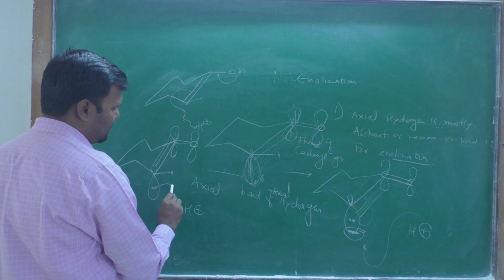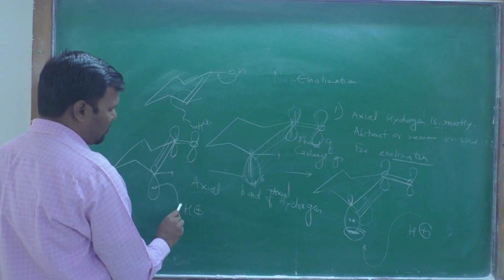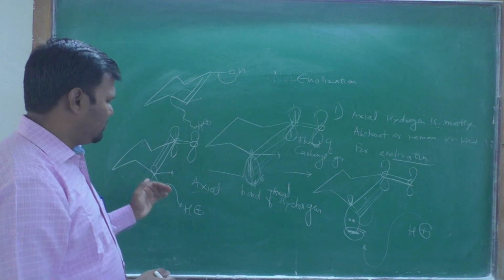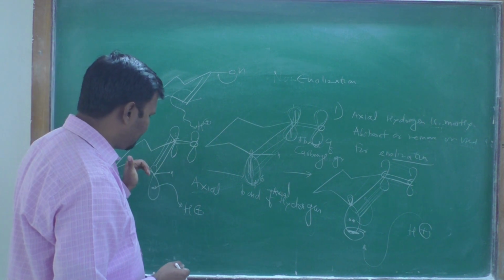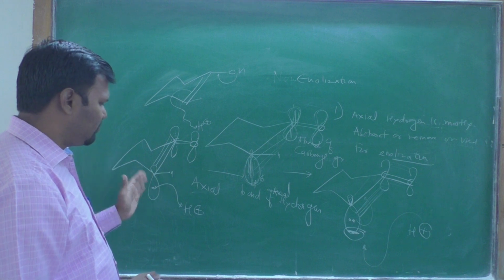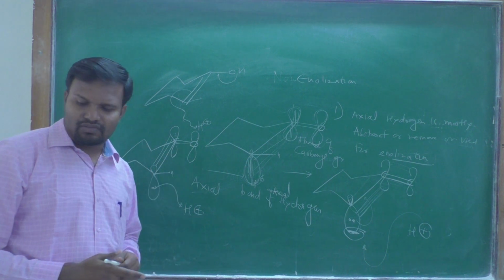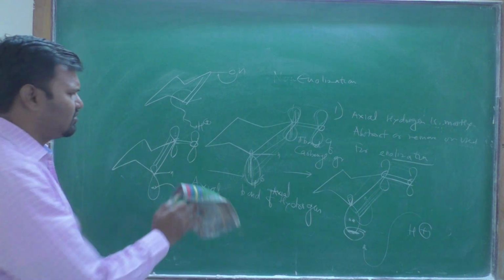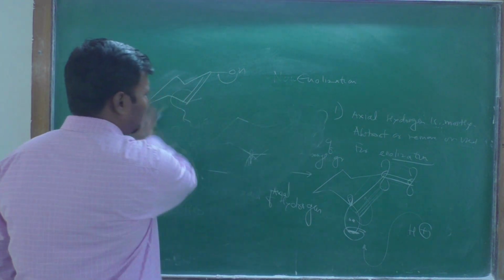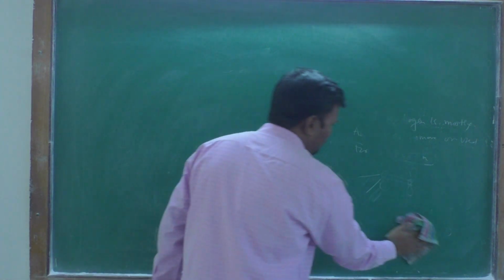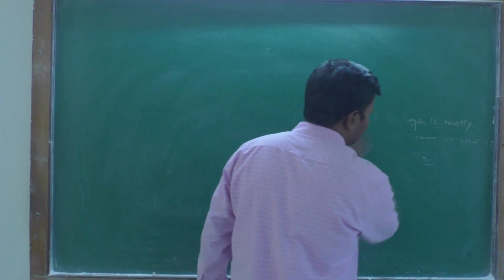Therefore, when the H plus ion or any cation attacks, the cation will attack from the axial position, and it takes the axial position when you add the H plus ions. Therefore enolization takes place from the axial side.